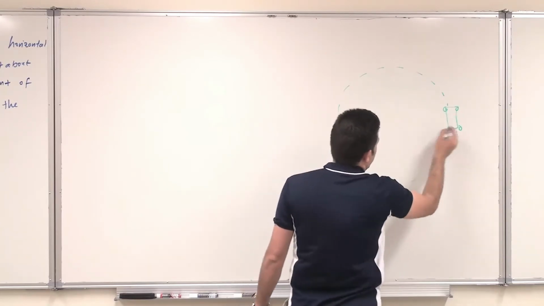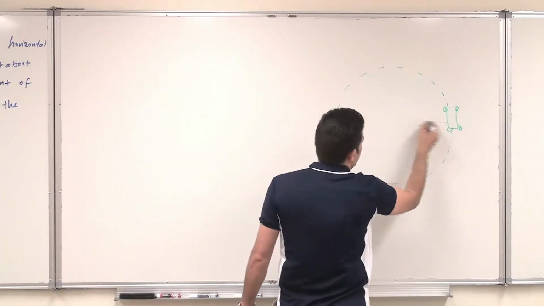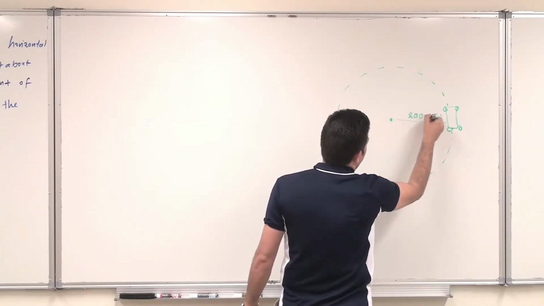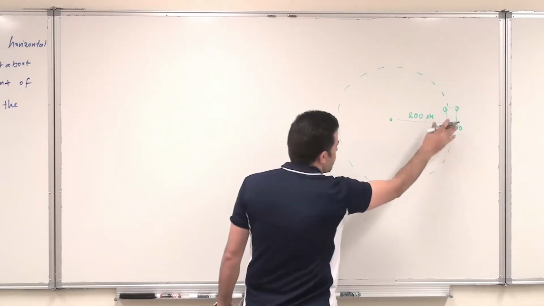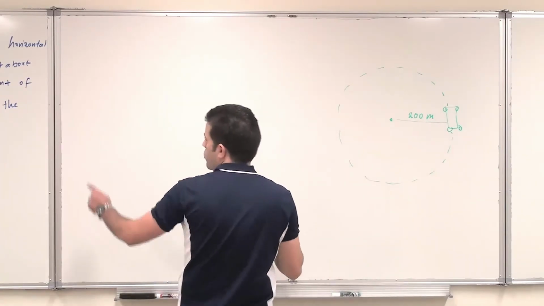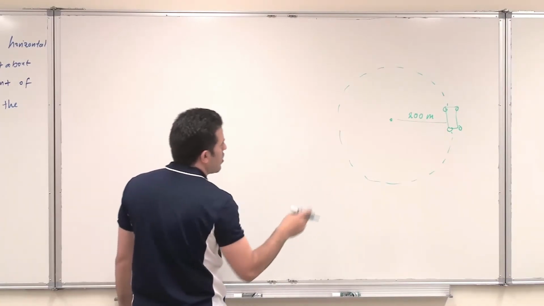This is a top view. Of course, all of this is horizontal on the surface of the earth. So the radius of this circular motion is 200 meters, and the car is about to slip, which means it reached high speed on this circle. And the question is asking for the speed of the car so it doesn't slip.